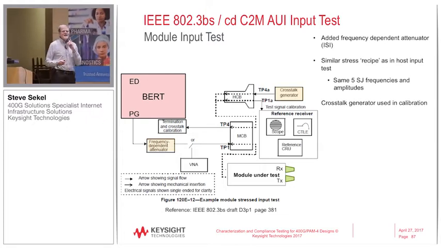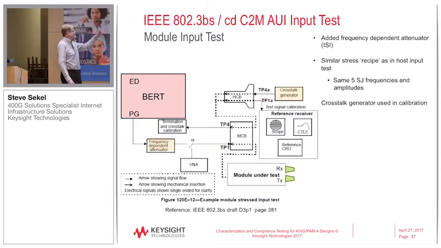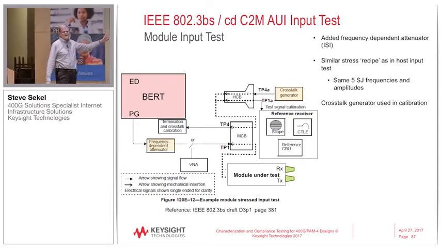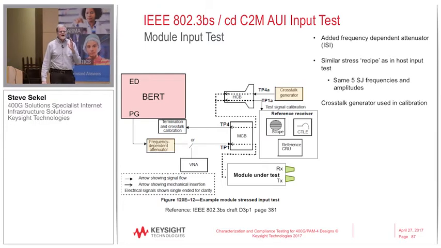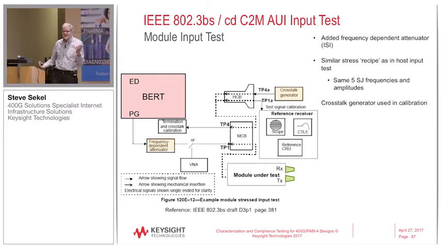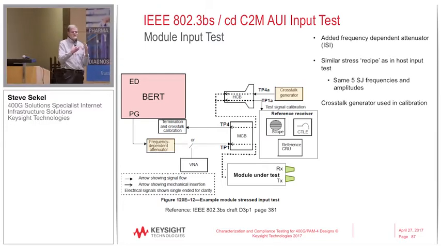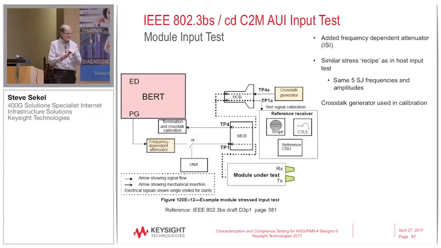Now, the standard is really interesting because they do say the crosstalk generator has to be the fastest rise time for a legal transmitter, which makes sense if you're really trying to use it in the signal path during the stressed eye calibration.